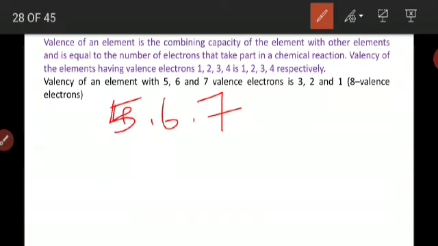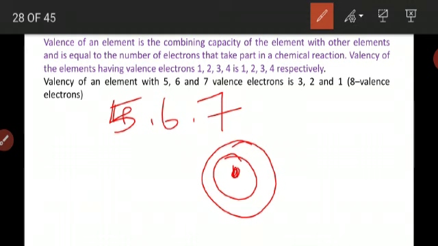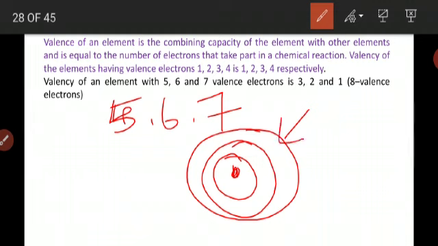You see, this is the nucleus, this is the first orbit, second orbit, third orbit. You consider this is the outermost electron. Suppose 7 electrons are present in the outermost shell, 1, 2, 3, 4, 5, 6, 7. What is the valency?